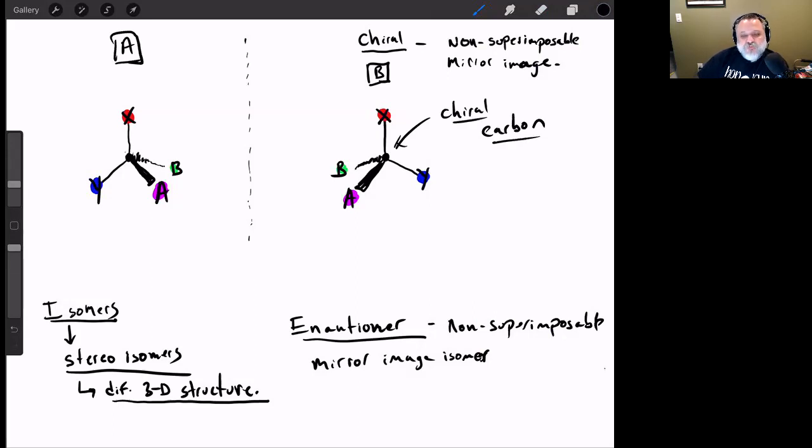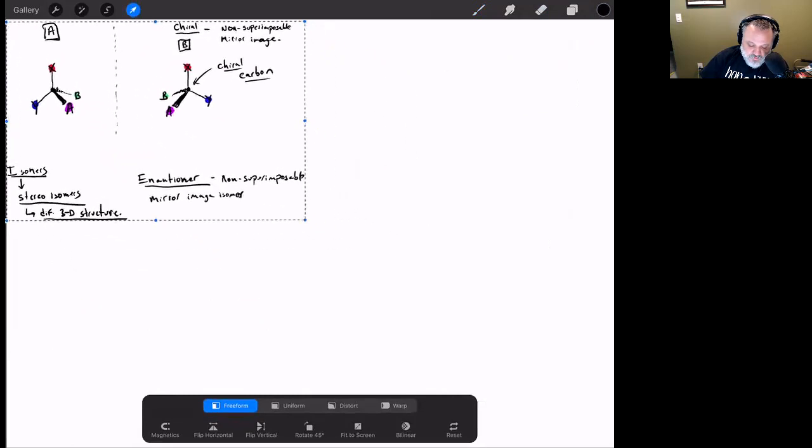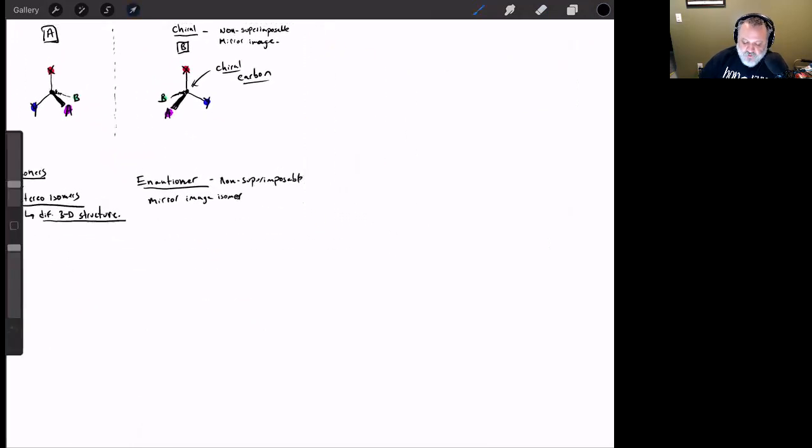However, I don't often present molecules to you with the complete 3-dimensional structure shown. In other words, sometimes I just use stick models. So one of the things that you have to be able to do is identify locations where there's chiral carbons.